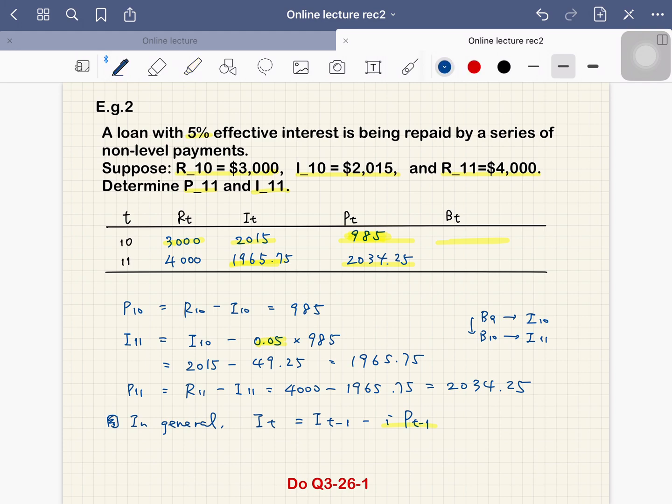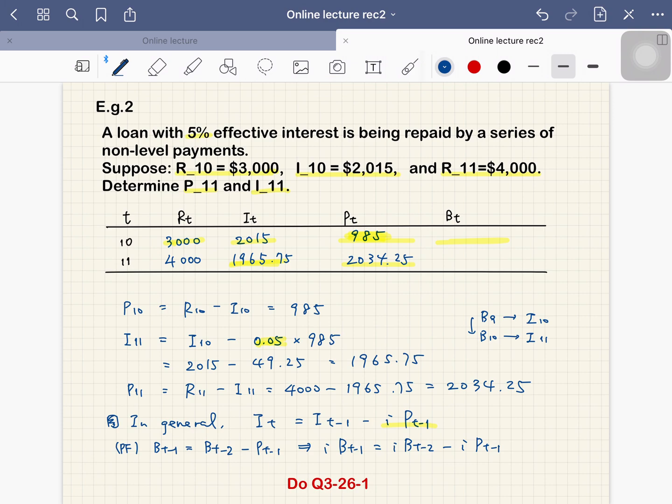If you want more mathematical proof based on our formulas, at first the balance at t minus 1 is the balance at t minus 2 minus the principal repaid. So if we multiply i on both sides, i times B_{t-1} is equal to i times B_{t-2} minus i times P_{t-1}.